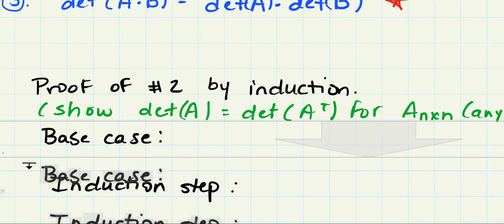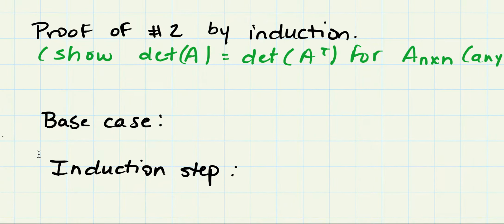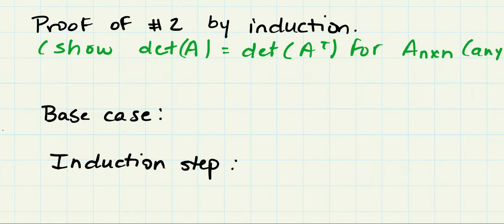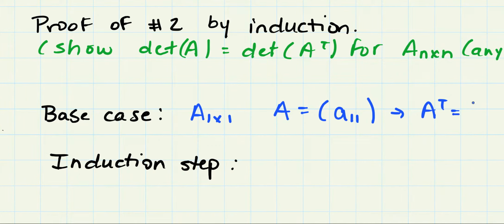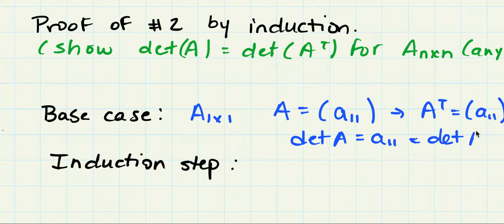The base case is the smallest case we can come up with. Let's say A is a 1 by 1 matrix. So A is equal to, let's just say, A11. Then A transpose is also A11. You can see that A is equal to its transpose, and the determinant of A is A11, which is also the determinant of A transpose.